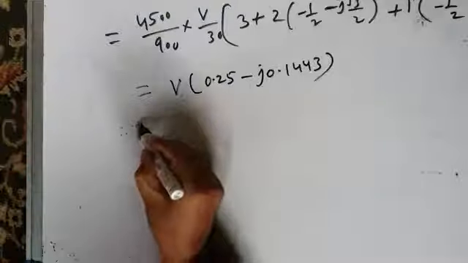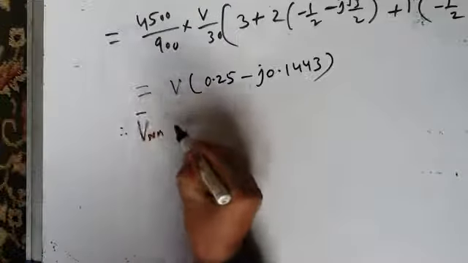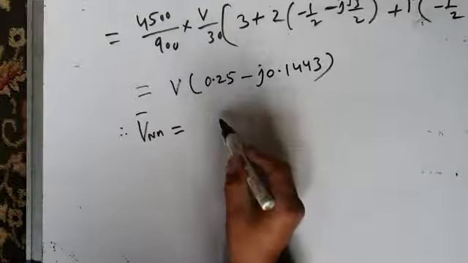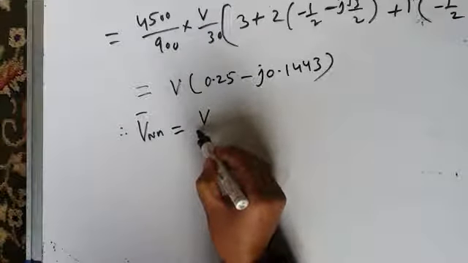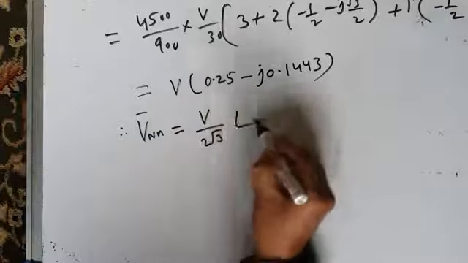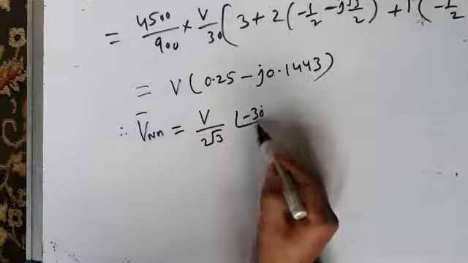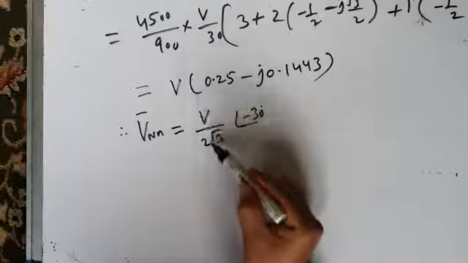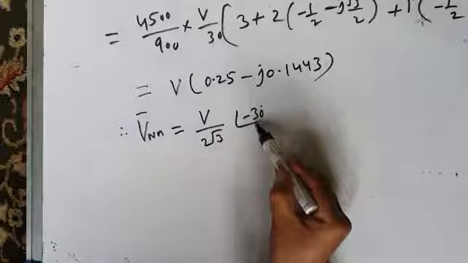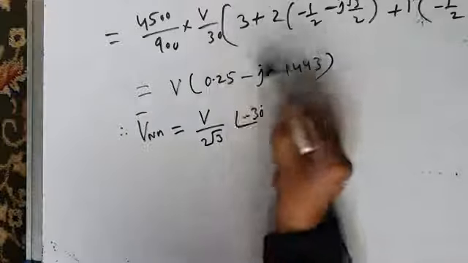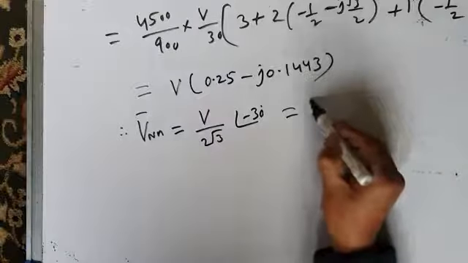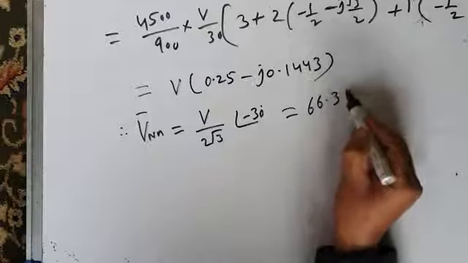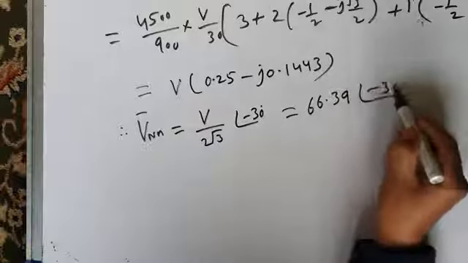So therefore, neutral to neutral voltage VNN will be equal to V by 2 root 3 at an angle of minus 30 degrees. See, 1 by 2 root 3 into cos minus 30 degrees plus J sine 30 degrees, that will give you this, and simply it will be equal to 66.39 at an angle of minus 30 degrees.